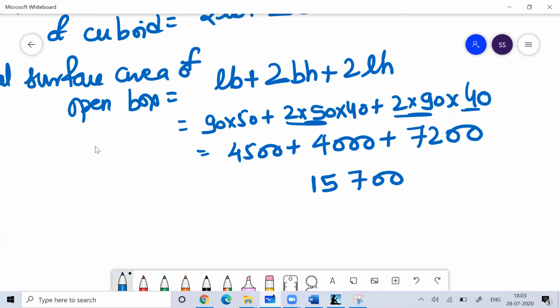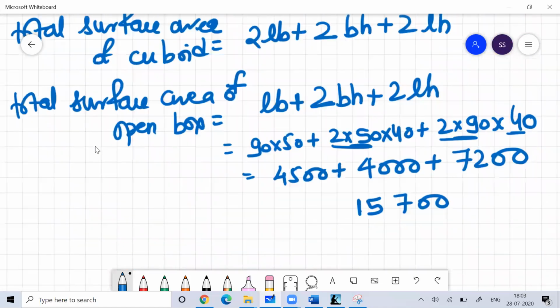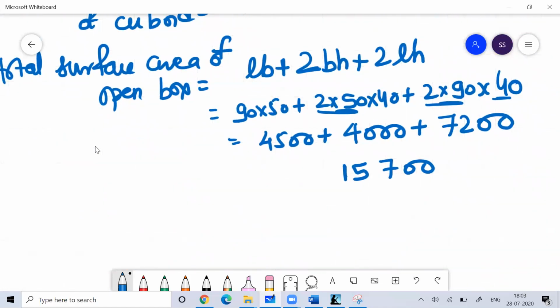Now, what is the unit? These all are in centimeter square. If you find the total surface area in meter square, divide by 10 to the power 4, so you can write the same thing as 1.57 meters square.